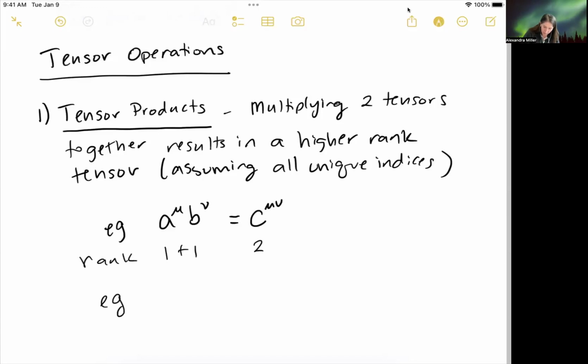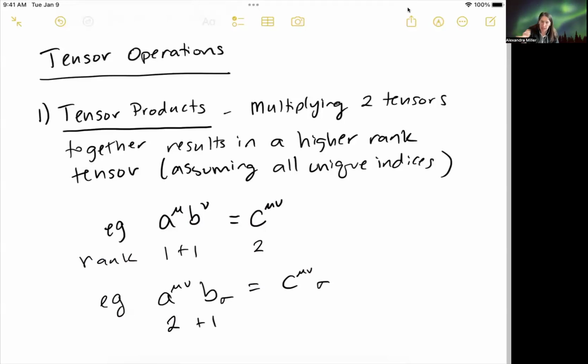Or we could start with a rank 2 object and multiply it by, and now I'll do something different, an object with a downstairs index. That doesn't matter. So we have a rank 2 object times a rank 1 object. This is some new object, C mu nu, where we keep all of the indices in order.